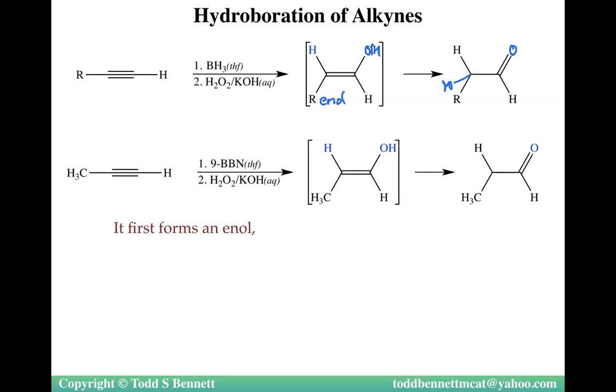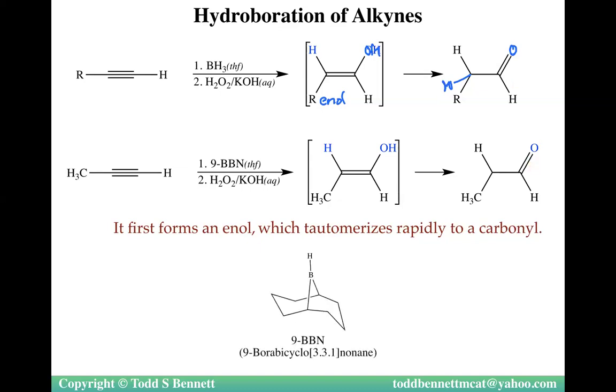It still forms an enol first, and that enol tautomerizes to a carbonyl, in this case specifically an aldehyde. And this is the 9-BBN molecule, 9-borabicyclononane. So a lot of names there, but we'll just call it 9-BBN.